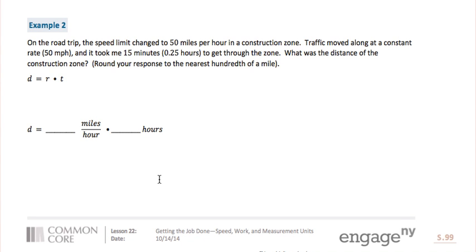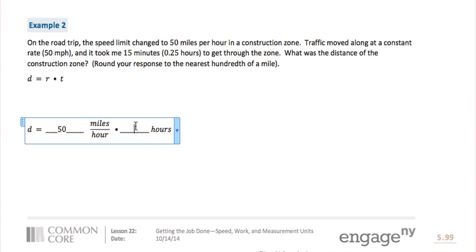Example 2, on the road trip, the speed limit changed to 50 miles per hour in a construction zone. And so traffic moved along at a constant rate of 50 miles per hour, and it took 15 minutes, or 1/4 of an hour, to get through the zone. What was the distance of the construction zone? In this case, we don't know the distance. We do know the rate, which was 50 miles per hour, and we also know that the time that we spent traveling that was 25 hundredths of an hour.